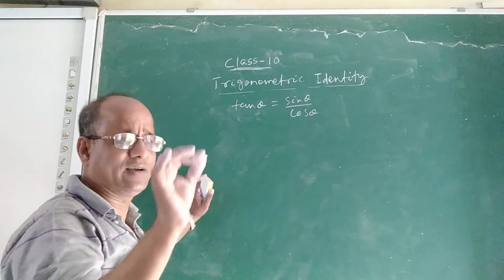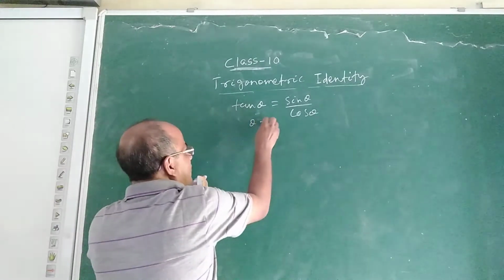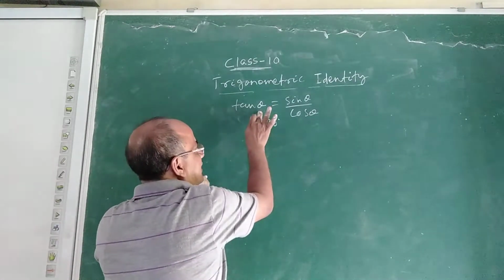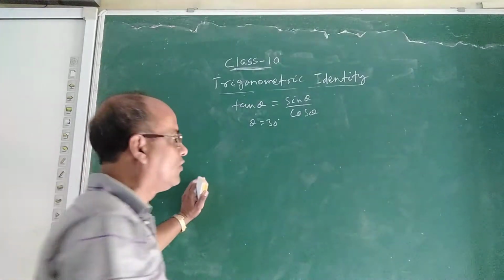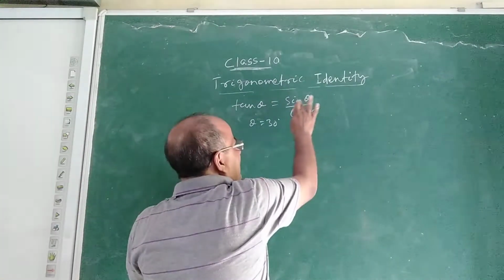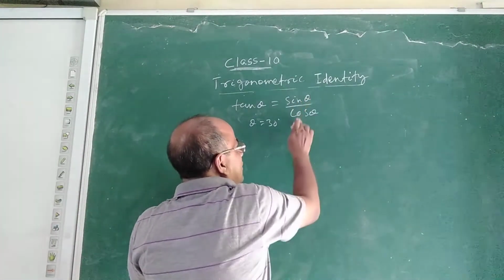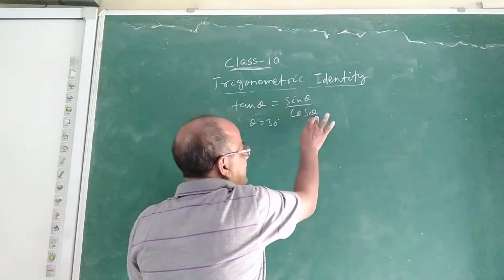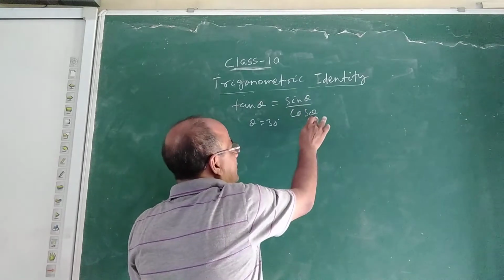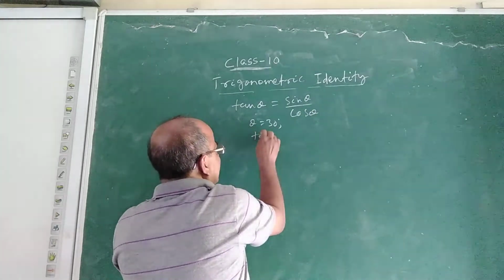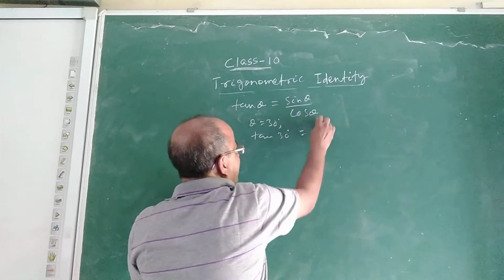Whatever angle you assign to theta, suppose I take theta equal to 30 degrees. Now you put here 30 degrees, it will be tan 30, and the value of tan 30 is 1 by root 3, you know. Now put here 30 degrees, sin 30 is 1 by 2. Put here 30 degrees, cos 30 is root 3 by 2. So 1 by 2 divided by root 3 by 2. You see, tan 30 is 1 by root 3.